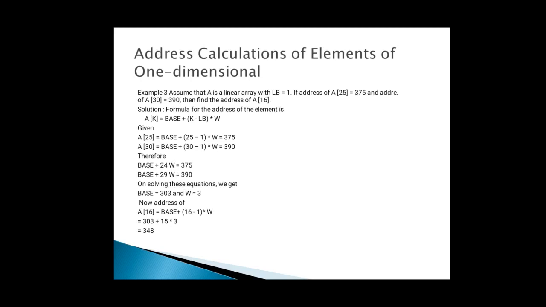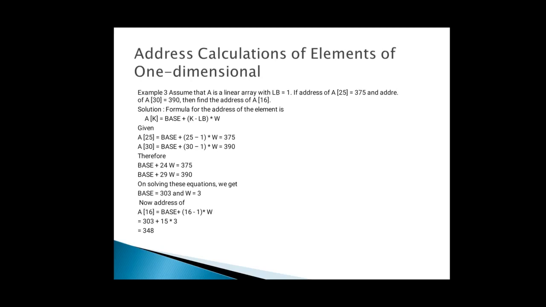Putting the values in the formula, and also the 30th is equal to 390, we get two equations: base plus 24 W is equal to 375, and the second equation is base plus 29 W is equal to 390.